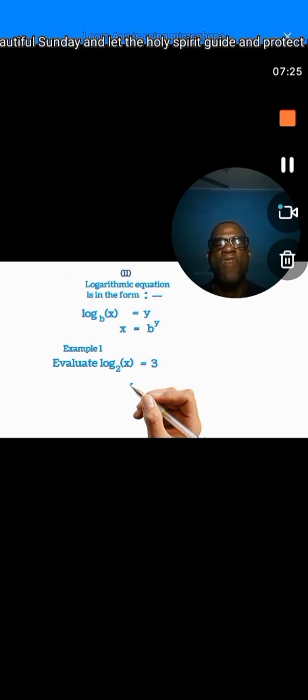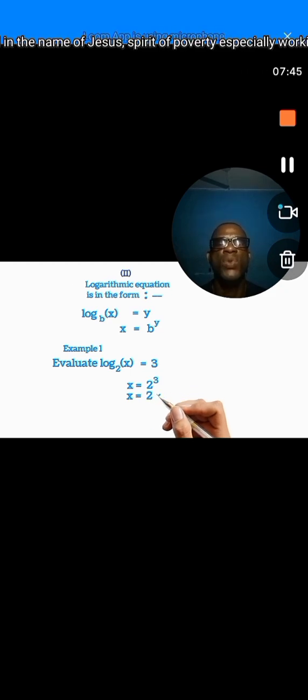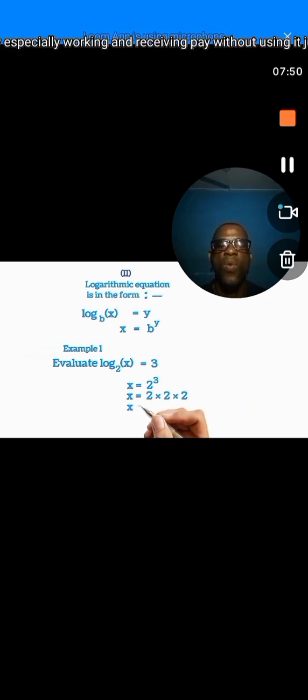And the value of x is x is equals to 2 raised to power 3. And 2 raised to power 3 is the same thing as 2 times 2 times 2, which is equals to 8.